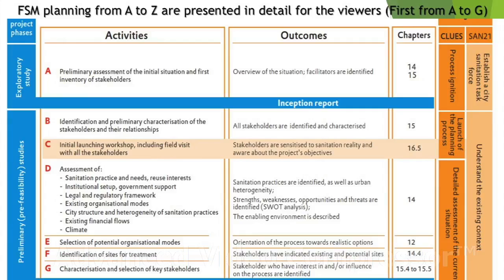Coming to the FSM planning from A to Z, it is presented here. The activities and the outcomes. In this slide, the detail has been given for A to G.